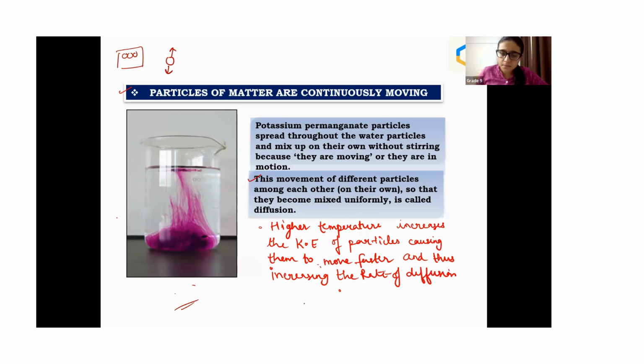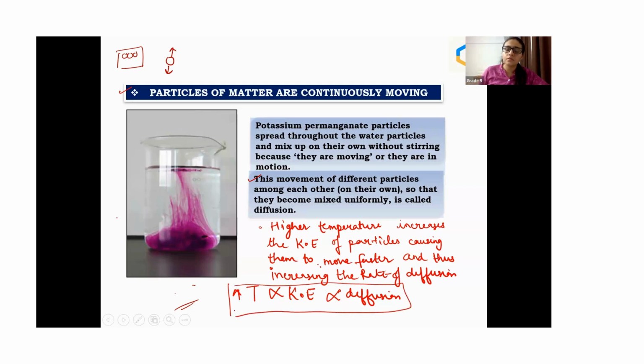So in simple terms, temperature is directly proportional to kinetic energy, and kinetic energy is directly proportional to diffusion. Temperature will increase, so everything will increase. Kinetic energy will increase, diffusion will increase. Star point this.